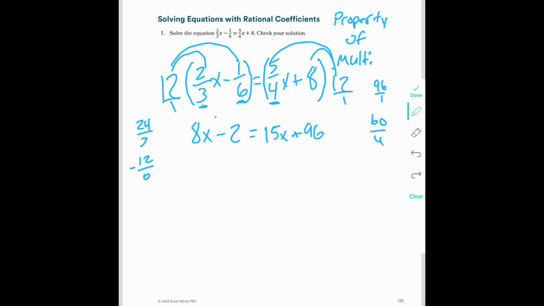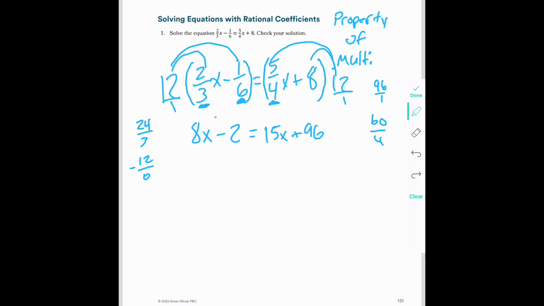Since we had our fractions, we're trying to get the fractions to go away, so we had to find a common product of all of these numbers. The common product of all these numbers is 12. They all have 12 in common. Okay, so we multiplied everything times 12. All right. And when we multiplied everything times 12, we got different fractions that when we reduced them, turned them into whole numbers. Okay. And now our equation has all whole numbers in it, which is easier to solve.